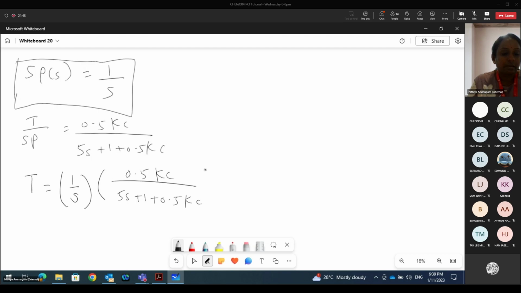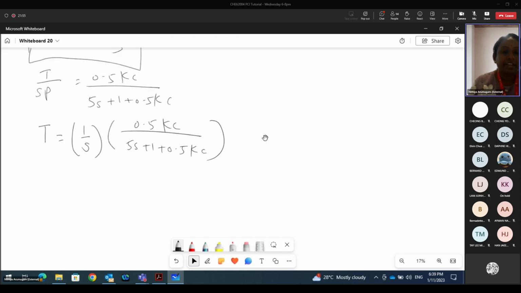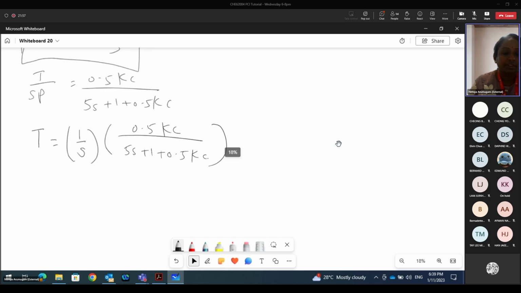To find the offset, we need the final value theorem. As I mentioned in the lecture session, we need to find the value of this function when s approaches 0.